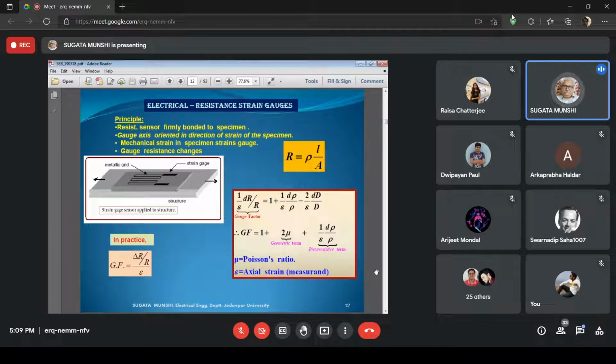Now, if R is rho L by A, if you differentiate both sides, you will get the expression.